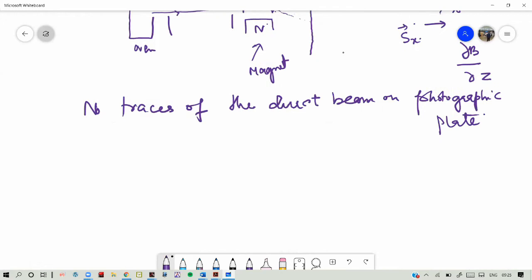Only two traces were found, that means two structures were found on the screen.